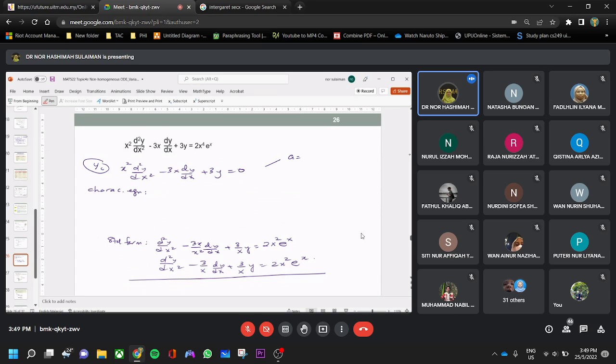Dia punya A sama apa? 1, B -3, C 3. Equation akan jadi apa? A K kuasa 2. Ni kena hati-hati, takut you alter straight buat. Okay, so B minus A K kuasa 2 plus C equals to 0. So you akan dapat K kuasa 2 B tolak 3 tolak 4 kan?